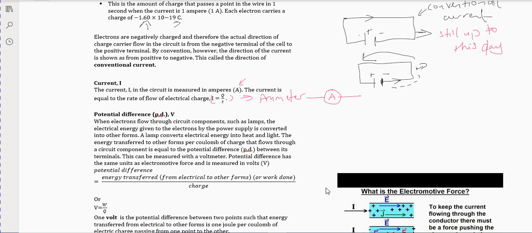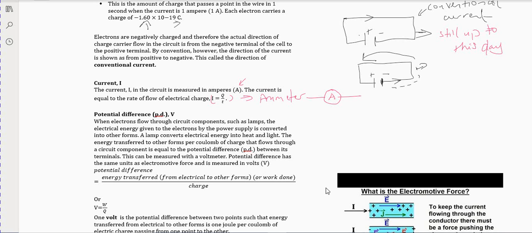And that electrical energy from time to time is going to be converted into different forms. If the charges were flowing through a lamp, it would convert from electrical energy into heat energy and light. So when you plug in a lamp, you get heat from the lamp and you also get light.